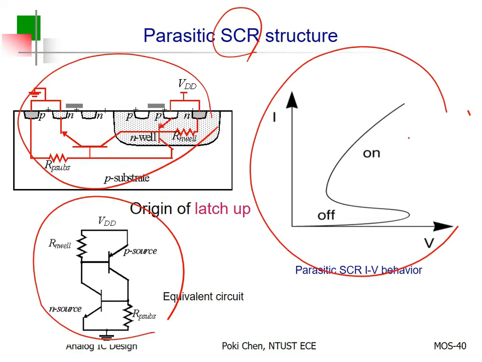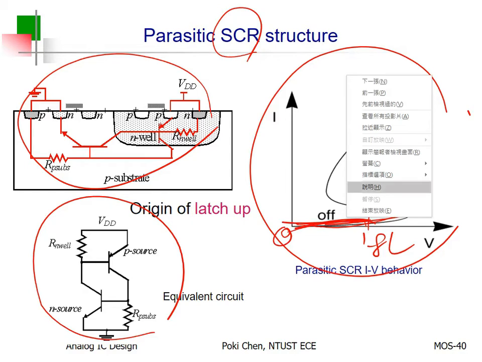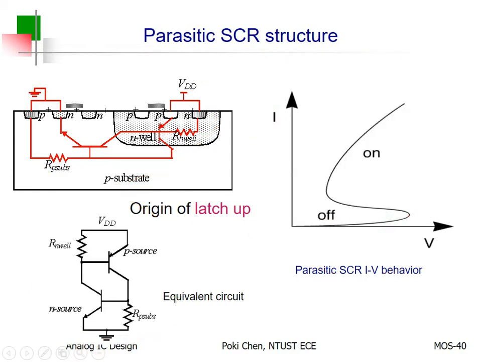Usually, we operate here, in this region. For example, you turn it off, 0. You turn it on, VCC, 1.8 volts or something. Turn off means 0 current. Turn on, the leakage current, I mean from here to there.